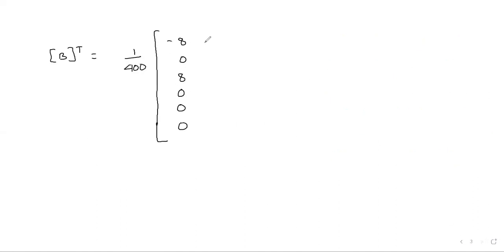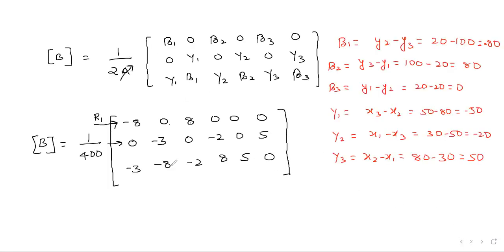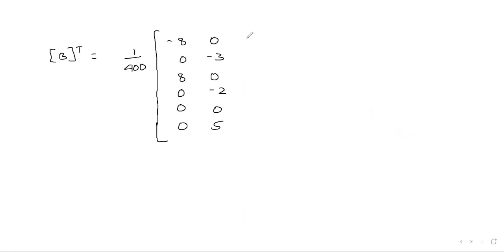Same we repeat for R3, which changes into C3: minus 3, minus 8, minus 2, 8, 5, 0. So we have calculated B transpose also.